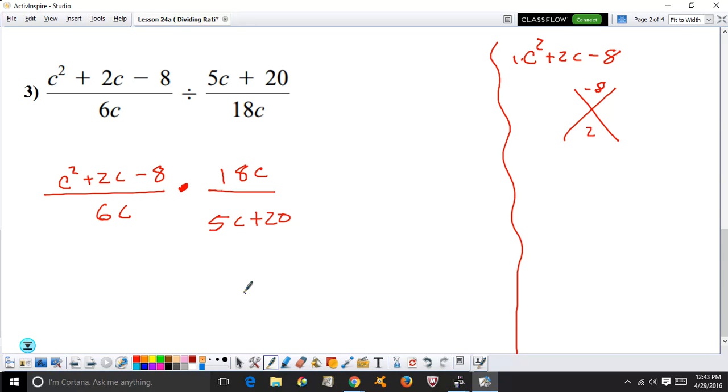Two numbers that multiply to get negative 8 and add up to get 2. That'll be 4 and negative 2. Let's check. 4 times negative 2 is minus 8. 4 plus negative 2 is 2. So the top expression you can rewrite as c plus 4 and c minus 2.